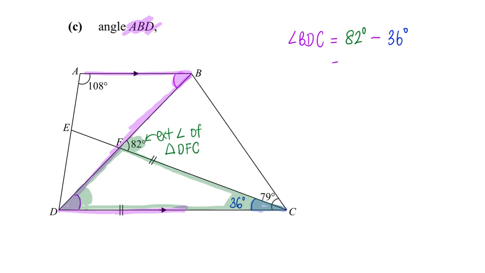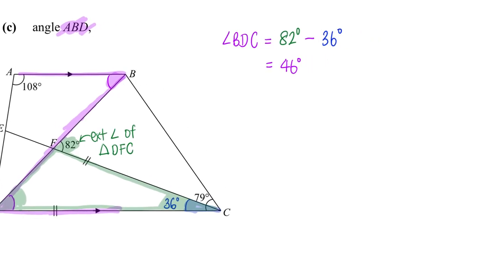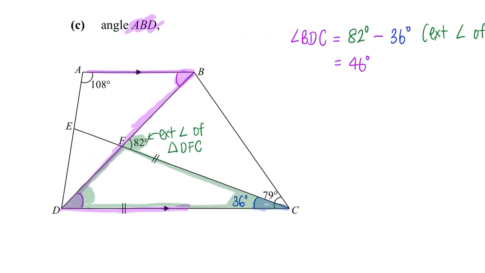So in this case, this one will be equals to 46 degree. And the reason is I'm using the fact that they add up to the exterior angle of a triangle. And now that I know this is 46, and this is also 46, because they are alternate angles.